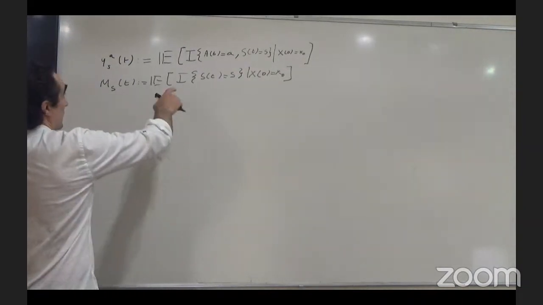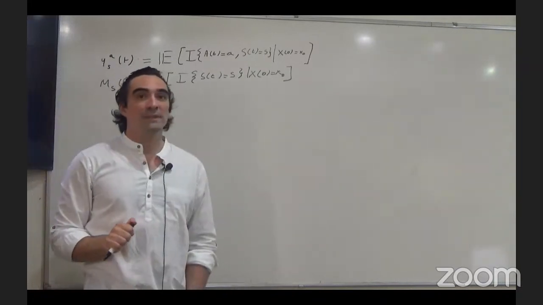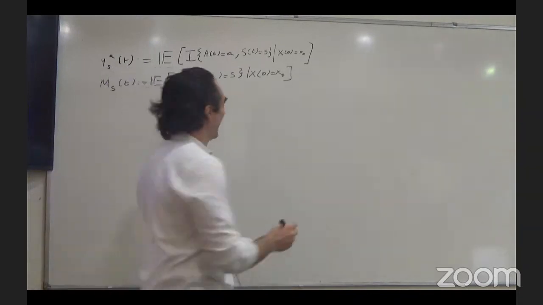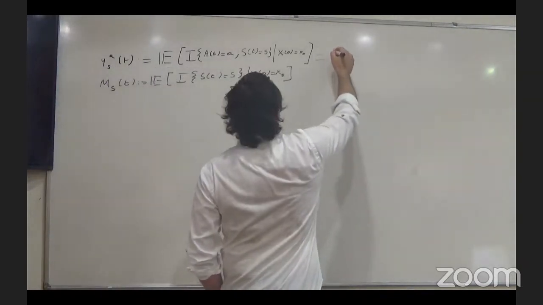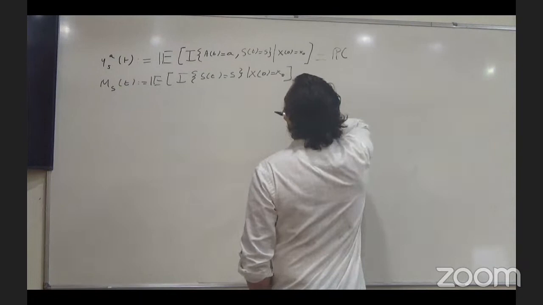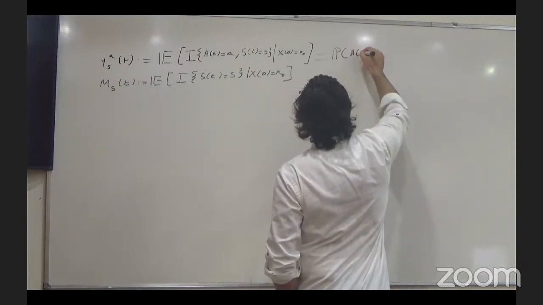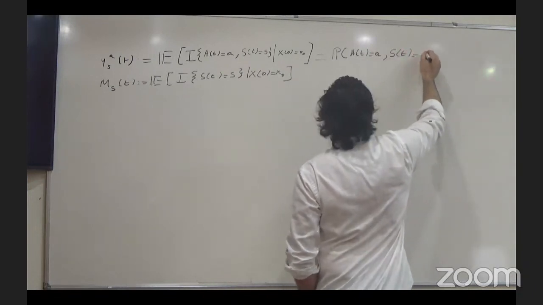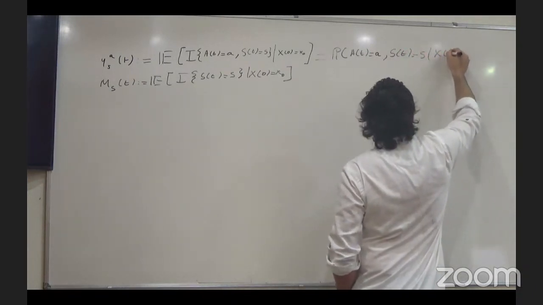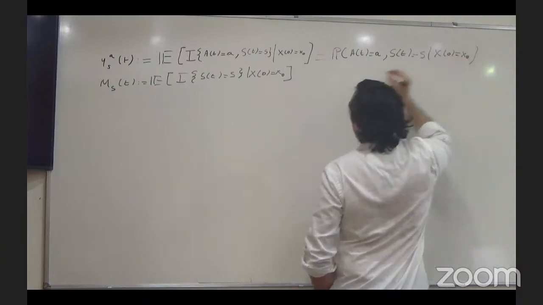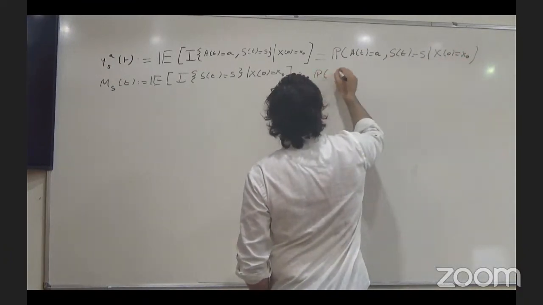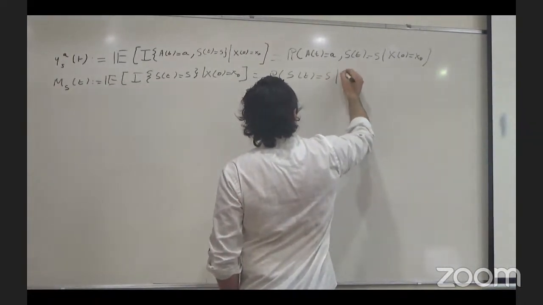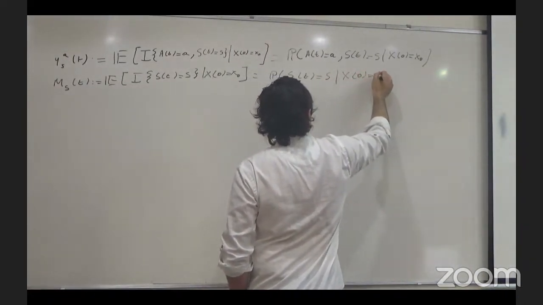So what is the expectation of an indicator function? Good. This we know is just the probability of having A of T equal to A and S of T equal to S, knowing X0 equal x0, times the probability that S of T is equal to S, given X0 equal x0.